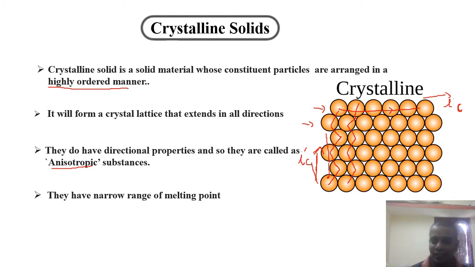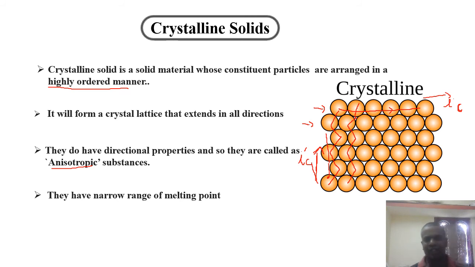Lead melts at around 320 degrees Celsius. If you take one of the hardest materials, tungsten filament, it will only try to melt above 3400 degrees Celsius.